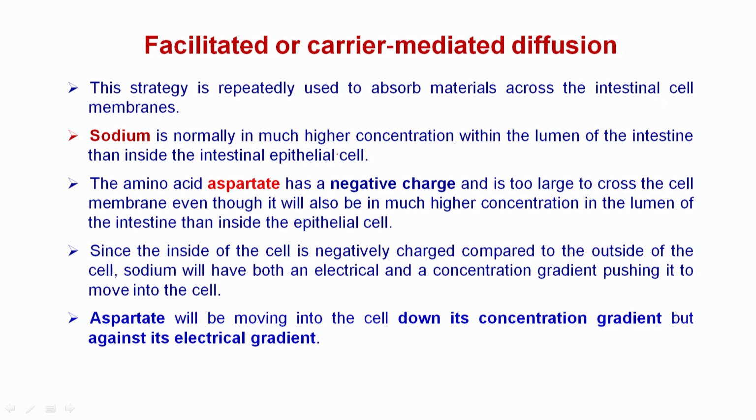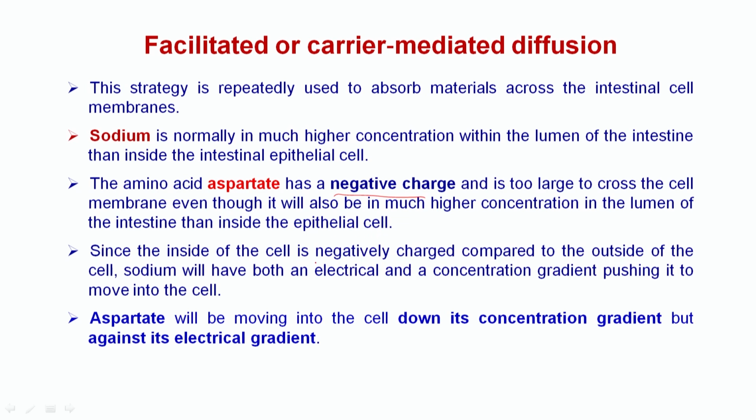Sodium is normally in much higher concentration within the lumen of the intestine than inside the intestinal epithelial cells. The amino acid aspartate has a negative charge and is too large to cross the cell membrane, even though it will also be in much higher concentration in the lumen of the intestine than inside the epithelial cells.